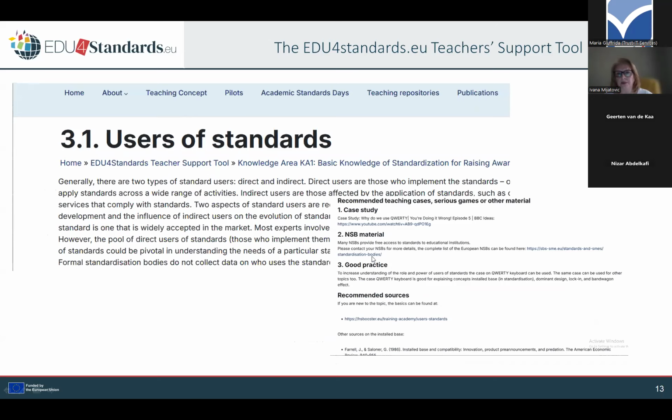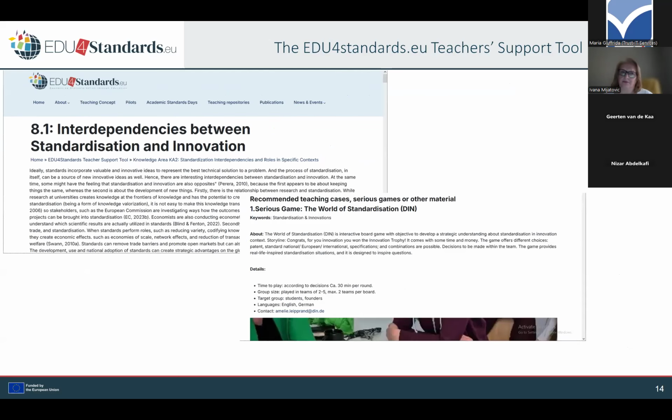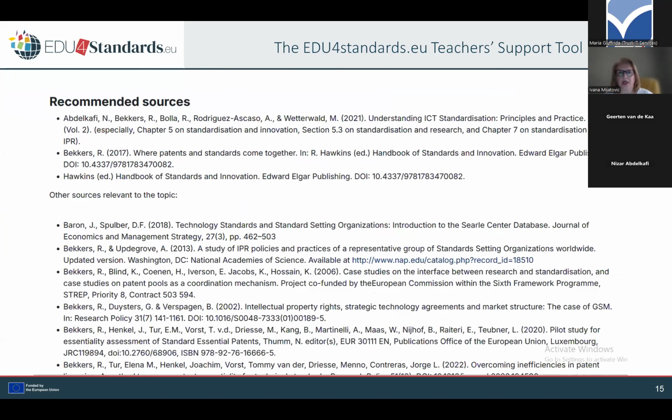In recommended sources, for games, for example, there is an explanation of what the game is, how the game is played, and the contact person, so you can get further information about this game and the possibility to use this game in your classes.